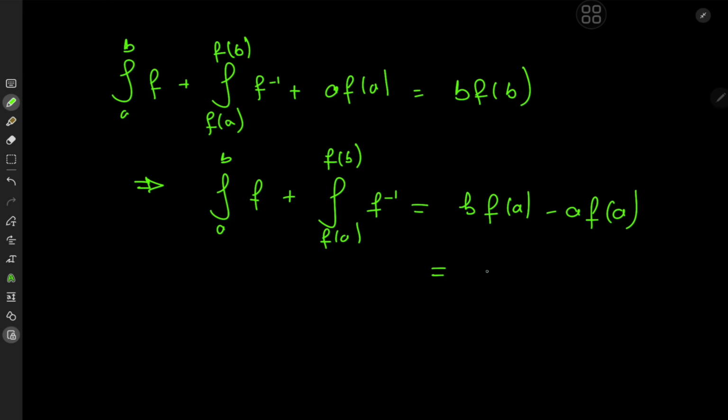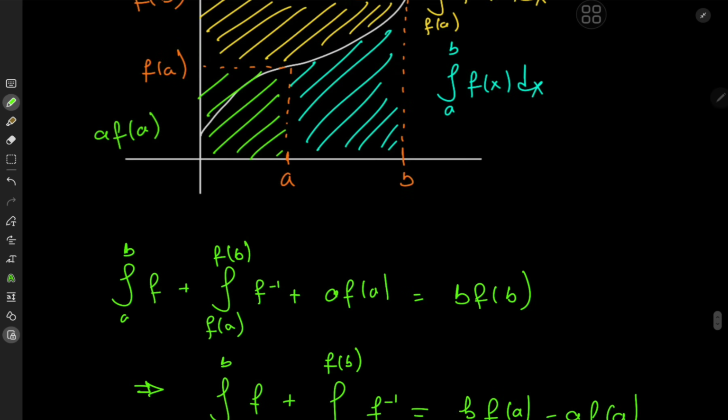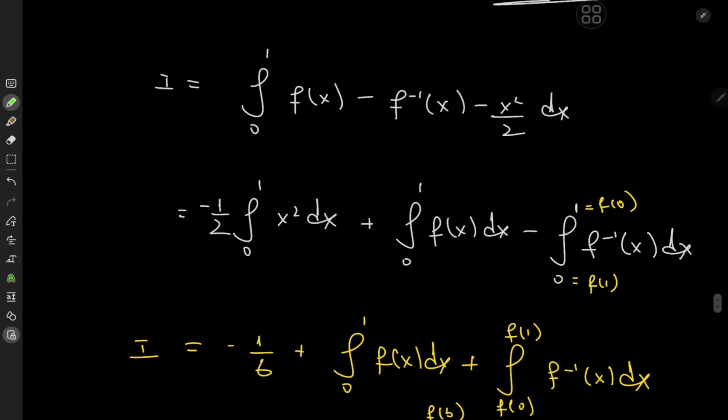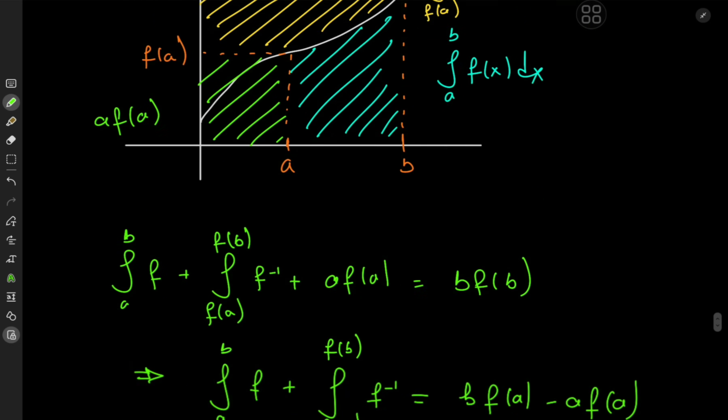And we could write this as x times f of x, terribly sorry about that, with the limits being a and b. Okay, cool. So this implies that our target integral I is in fact negative 1 over 6, plus we have exactly what we needed. We have over here in yellow the sum of an integral plus the integral of its inverse.